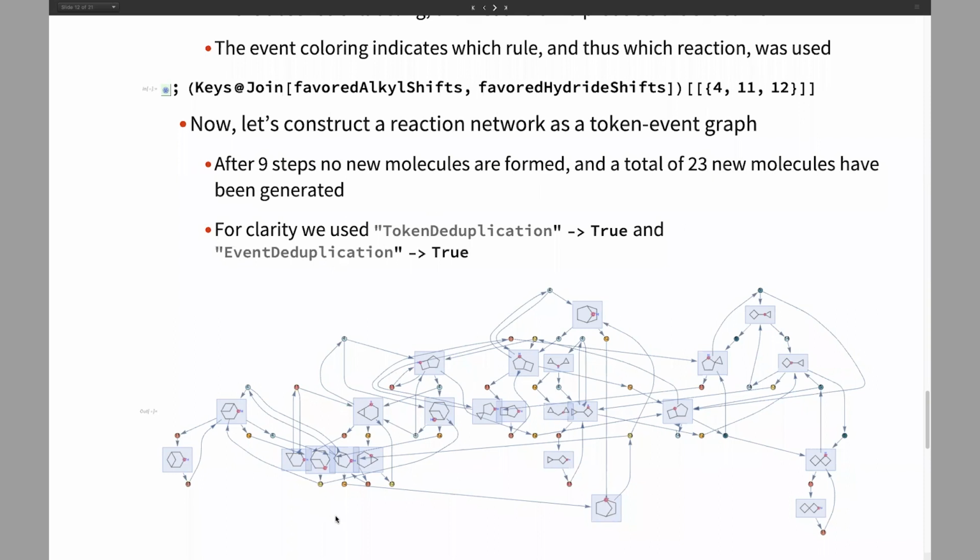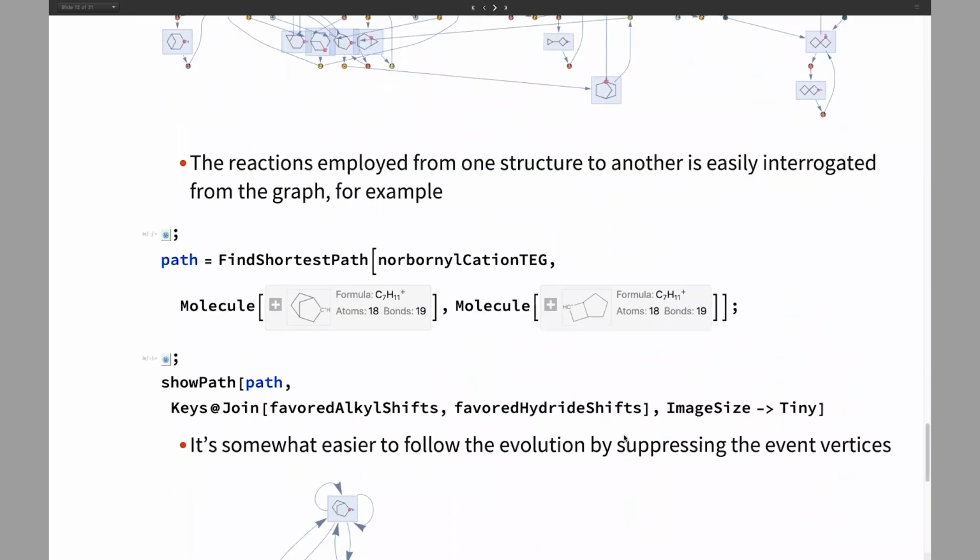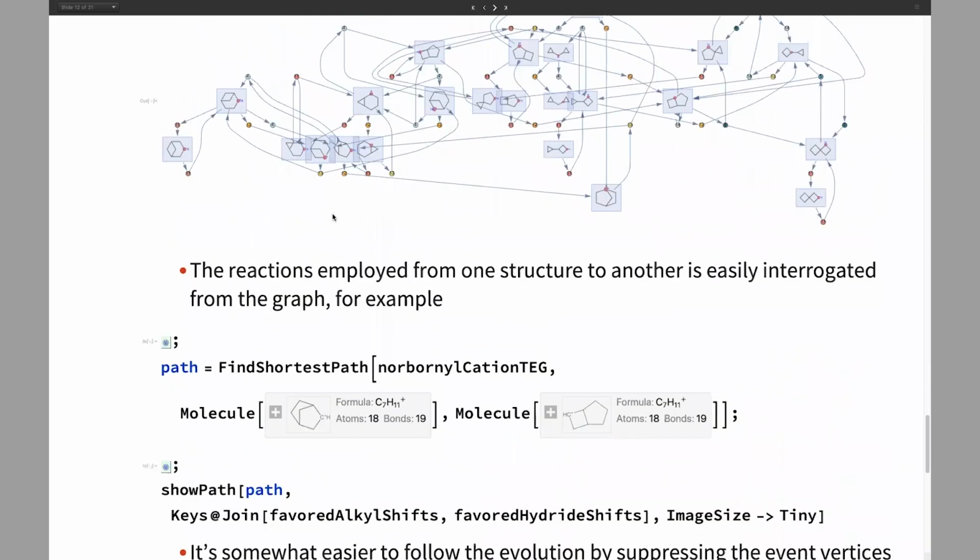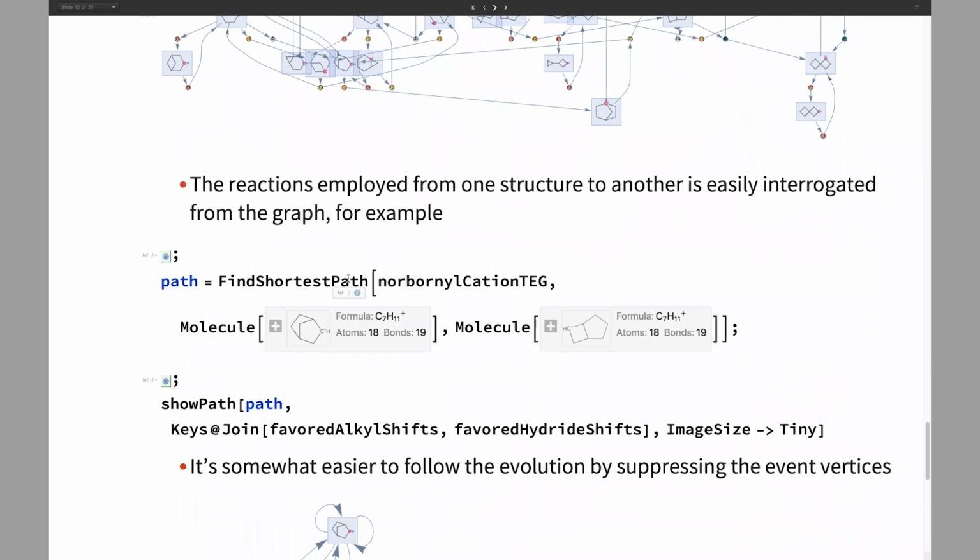The starting material for this one is the norbornyl cation, which was here, and it rearranges in lots of different ways. And for example, you were asking how can I find out which reactions were used in a certain pathway?